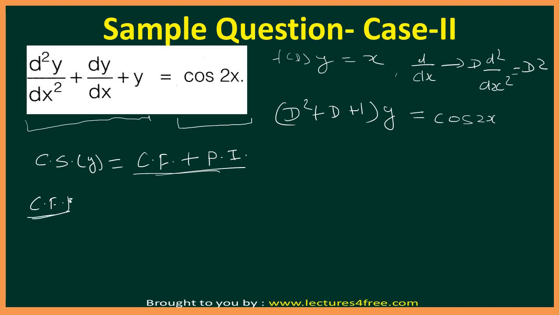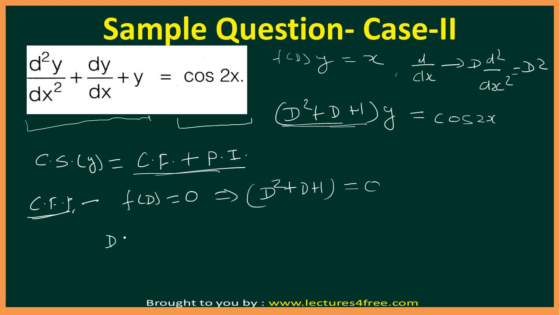To find the complementary function, we equate f of D to 0. This is our auxiliary equation: D square plus D plus 1 equal to 0. From here you get D equal to minus b plus minus root of b square minus 4ac, that is 4 into 1 into 1, divided by 2a, so 2 into 1.